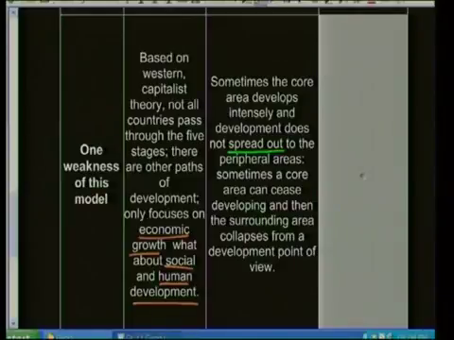If it's contained within that core and it's working well, then it's not going to spread out to those peripheral areas. It says sometimes a core area can cease developing and the surrounding area will then collapse. So if for some reason there are major issues within that core, it's going to lead to a lack of development pushing out to the periphery as well.